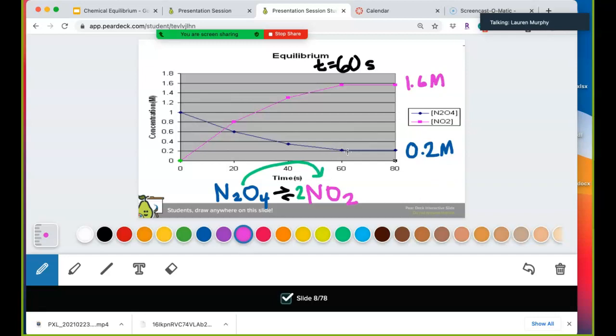It is when they stop changing and the rate of the forward and the rate of the reverse reaction are equal. So the concentrations stop changing at equilibrium, and the rate of the forward reaction equals the rate of the reverse reaction.